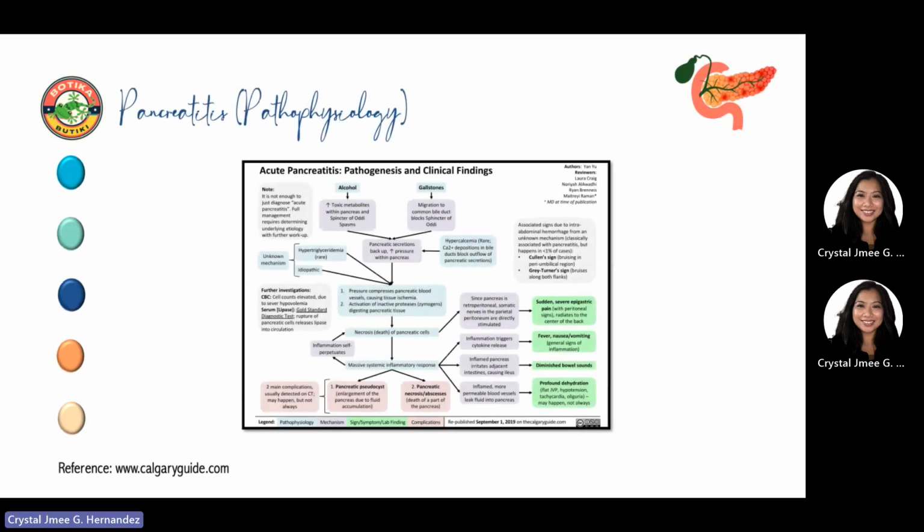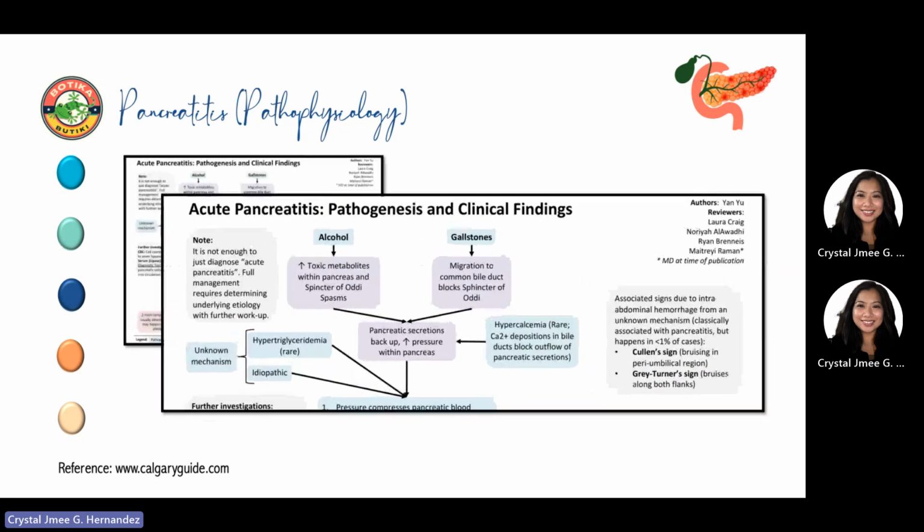Now, what you can see in your slide is the pathogenesis of acute pancreatitis. So let's take a closer look at the pathogenesis and clinical findings. What are the important things to note? First, it is not enough to just diagnose acute pancreatitis, but we need to look at the full management requirement that determines the underlying etiology with further workup.